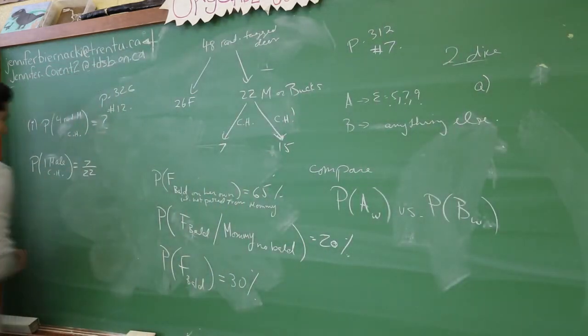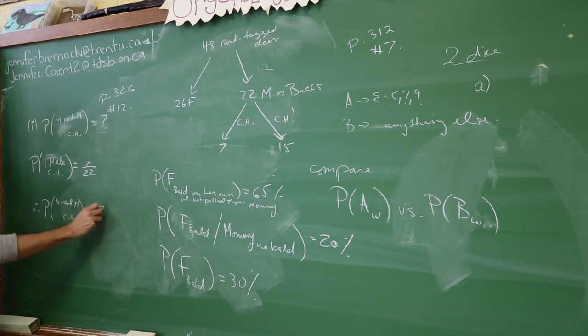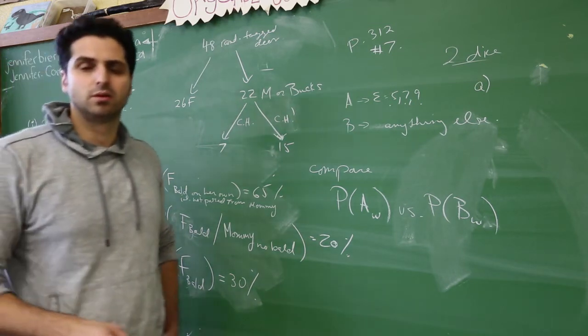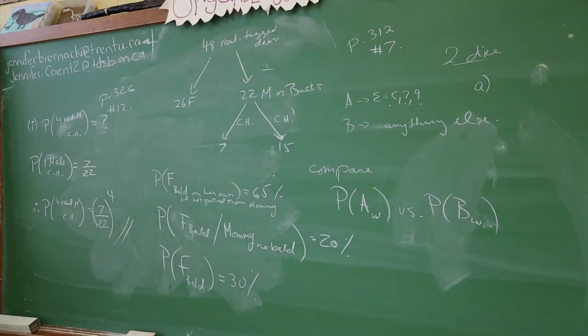So I would say that the probability that 4 random males have cross-hatching is actually, I say it's 7 over 22 to the power of 4. Who agrees with that? Which is going to be a hell of a lot smaller than 7 over 22. Does it make sense that it's smaller?